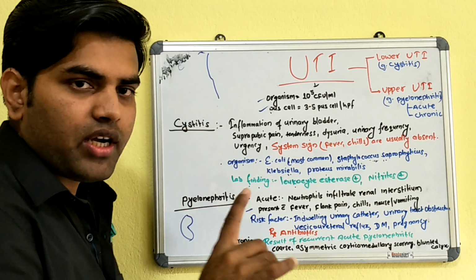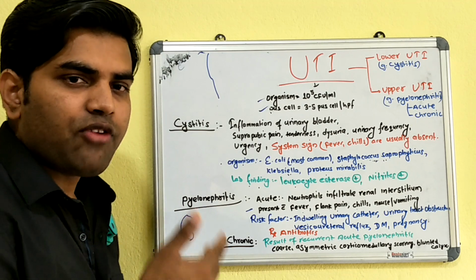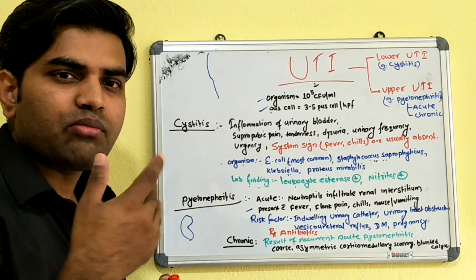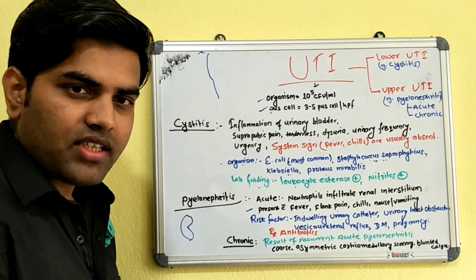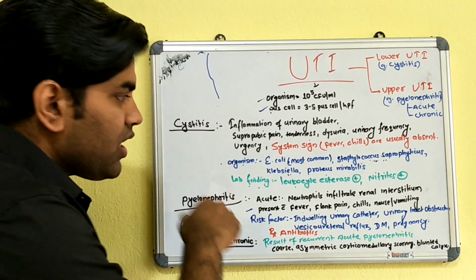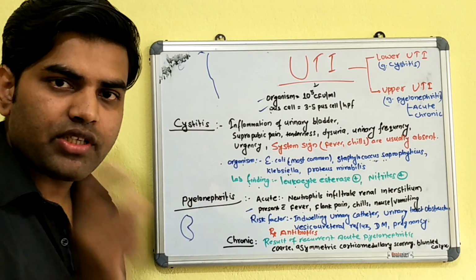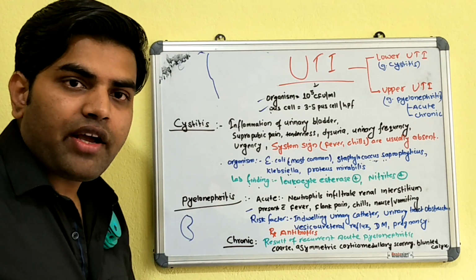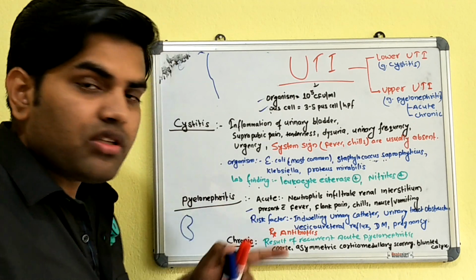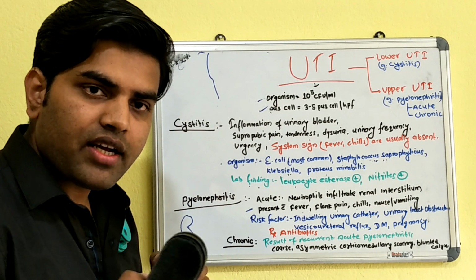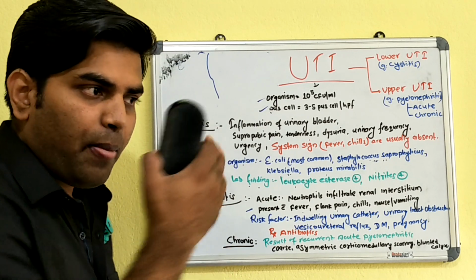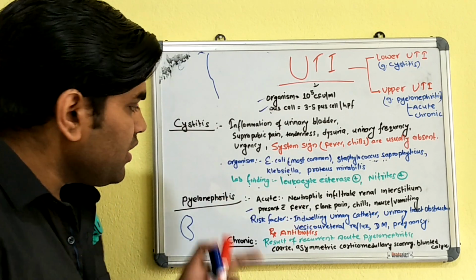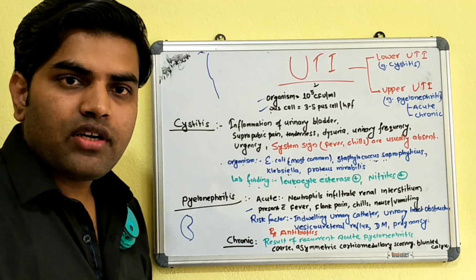If you remember the casts we discussed: hyaline cast, granular cast, waxy cast, WBC cast, RBC cast. This WBC cast forms because there is inflammation and pus cells in the renal parenchyma, and they deposit into the hyaline cast formed by Tamm-Horsfall protein, if you remember. Then they get deposited and form the WBC cast.